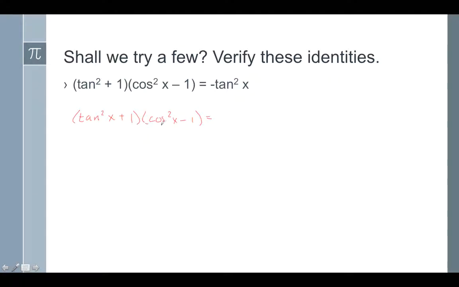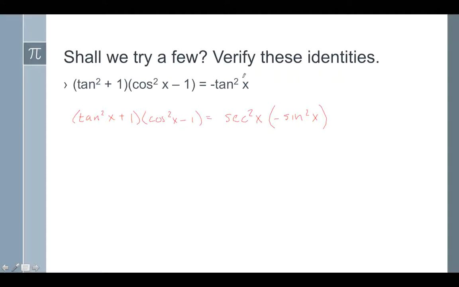Tangent squared plus 1 is secant squared. And cosine squared minus 1, if you were to manipulate cosine squared plus sine squared equals 1, you would know that this is equal to negative sine squared x.